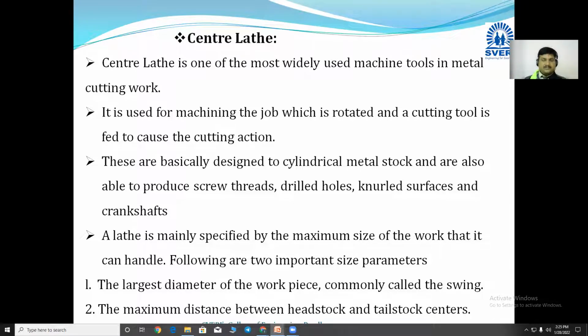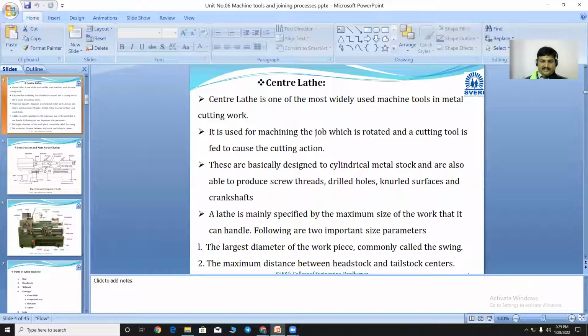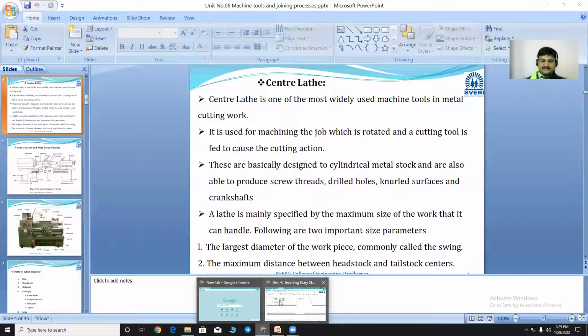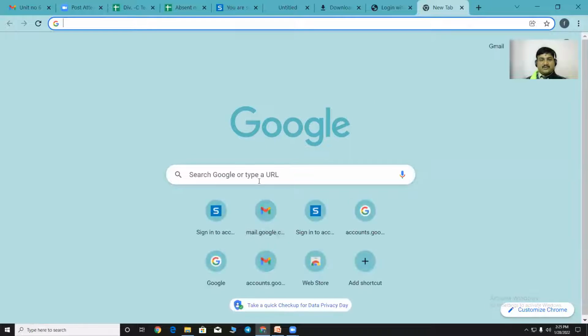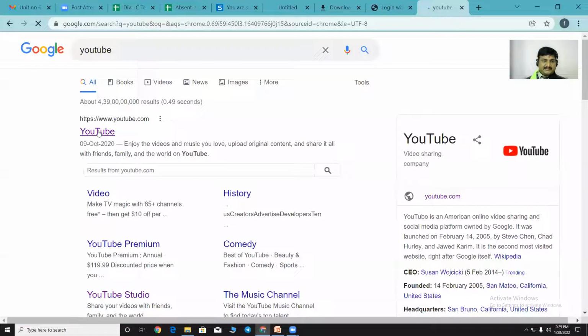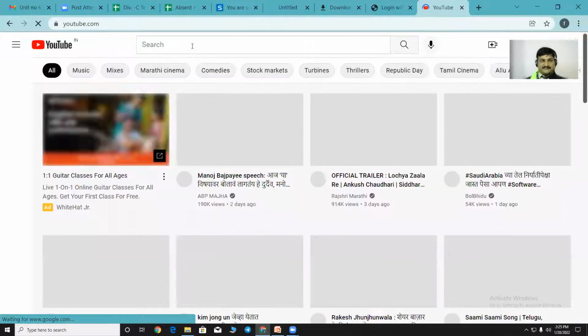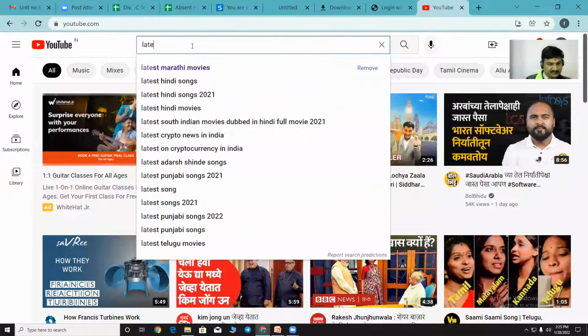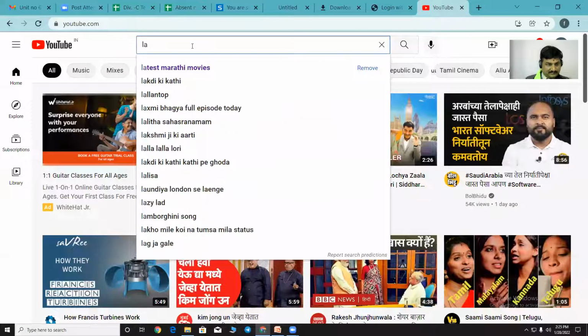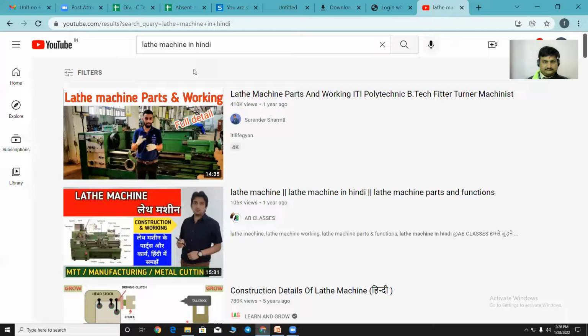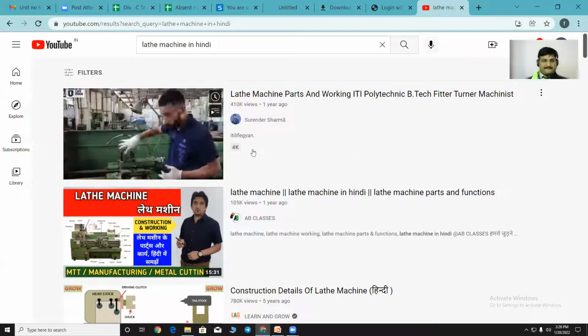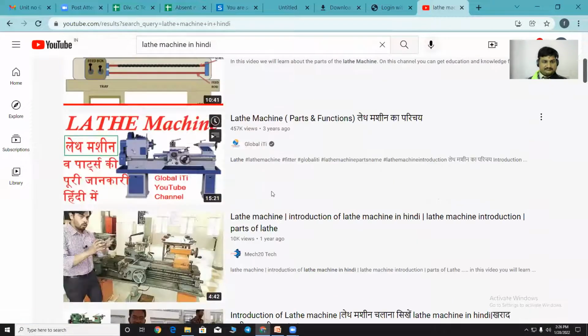the metal part. So immediately I want to show you the lathe machine in the video so that it will be more clear to you how the lathe machine is, how its workpiece is fixed, and how it works. So you can see here the lathe machine.